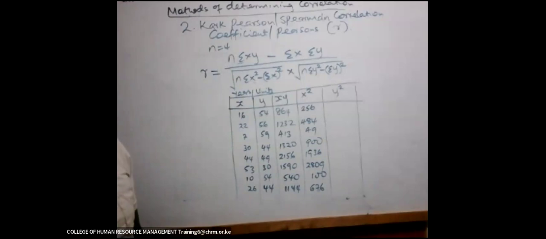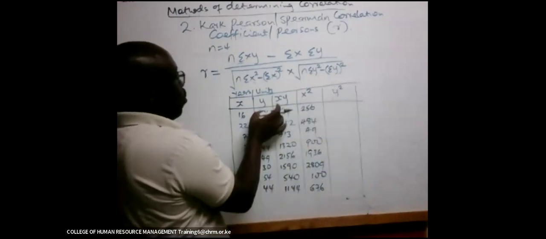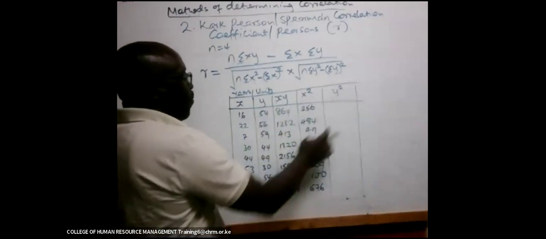You are done. You go to Y squared, you go to the column of Y and square every value.